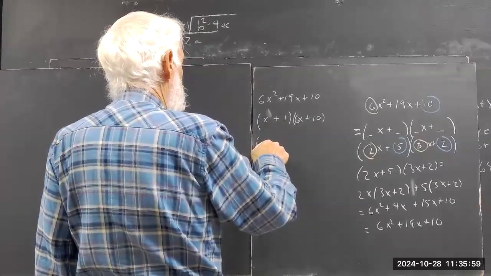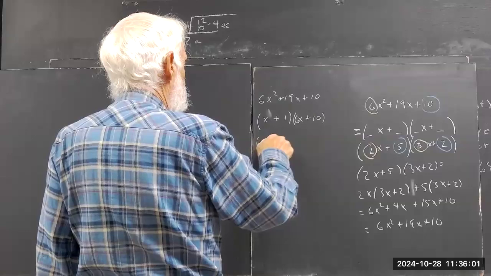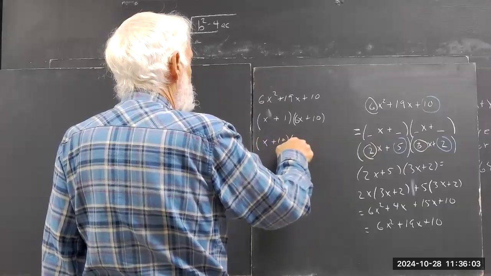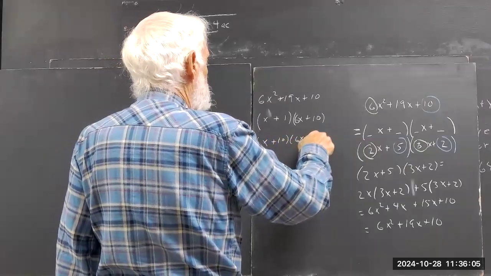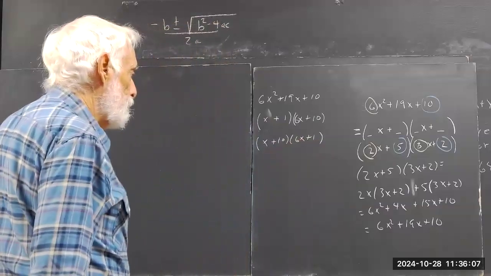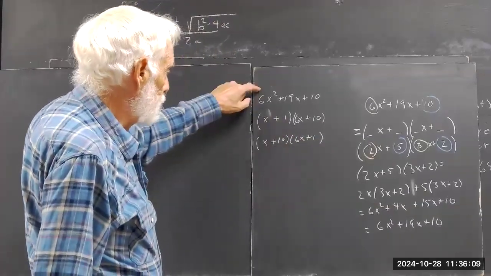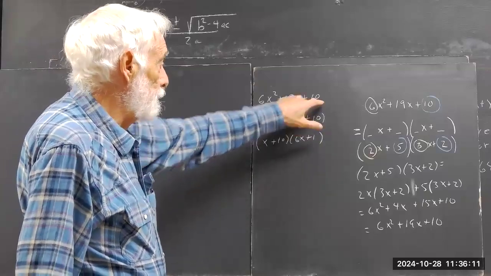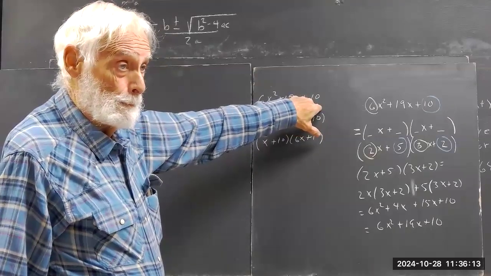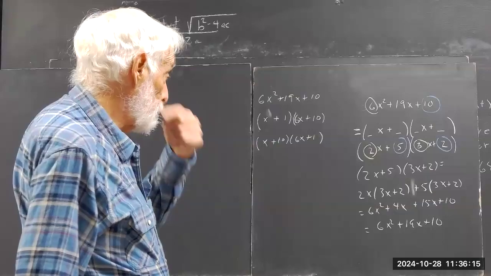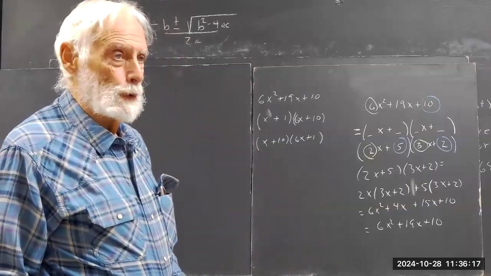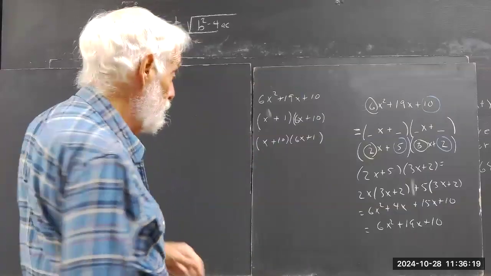Could have been x plus 10 times 6x plus 1. In each case, we get a 6x squared and we get a 10, right? But we don't get the 19x. It's figuring out what it takes to get that 19x.